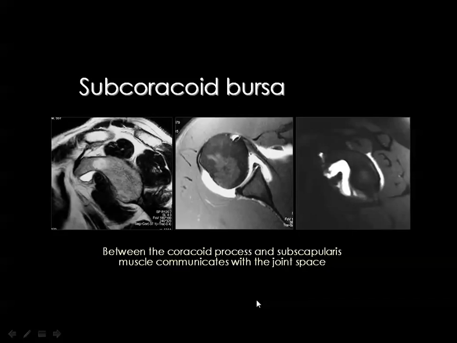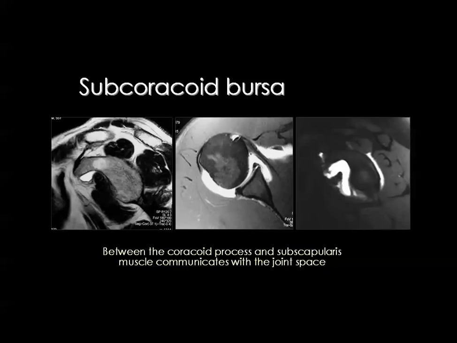Then the subcoracoid bursa, you remember that this area is known as the superior subscapularis recess, and this recess is continuous with the joint, meaning that if the joint is containing fluid, then this recess will also accumulate fluid.